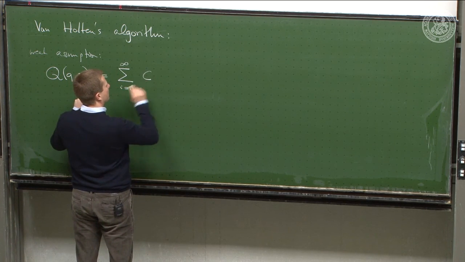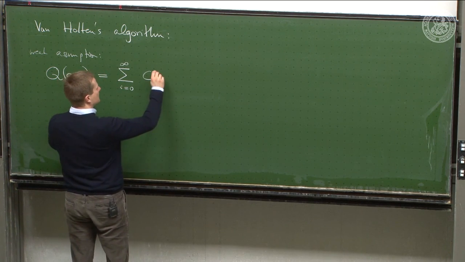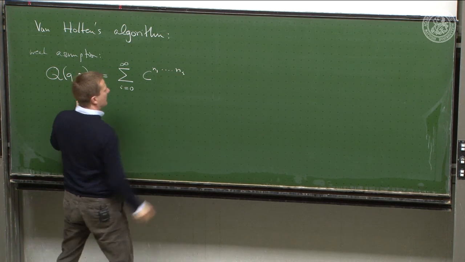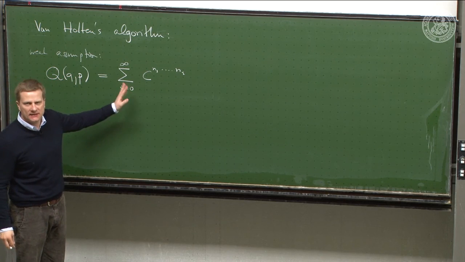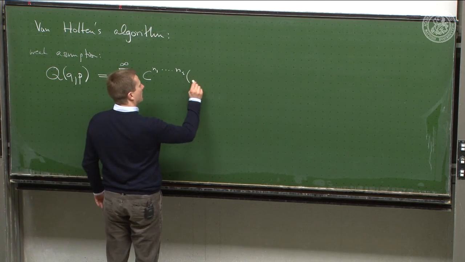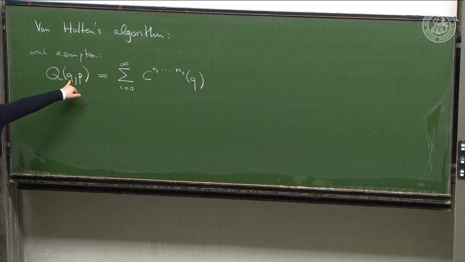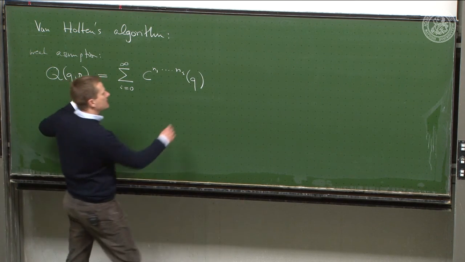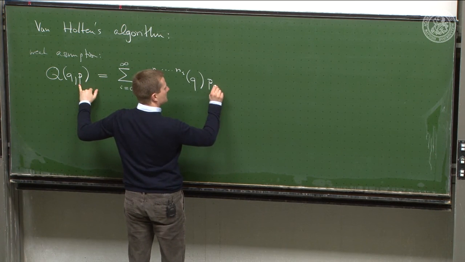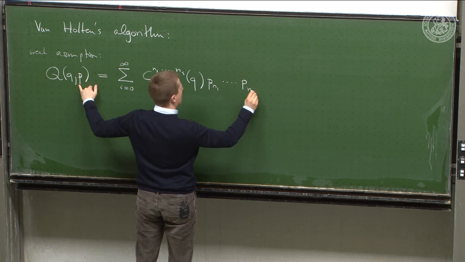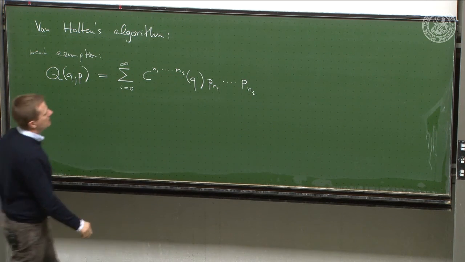So you have coefficients C with indices n1 up to ni, which may carry no index, and they depend only on the position q, because we're still in the setting where the symplectic manifold is the cotangent bundle of some Q. Here you have the p's, P_n1 up to P_ni.